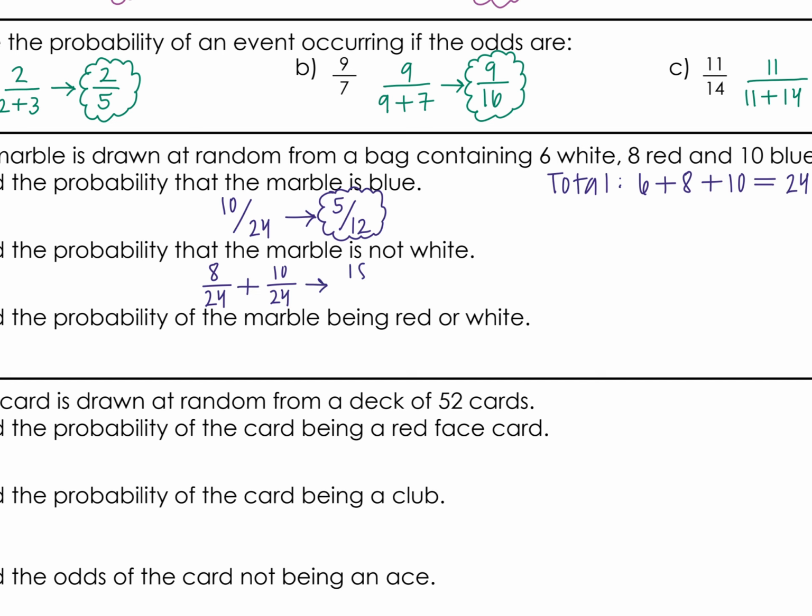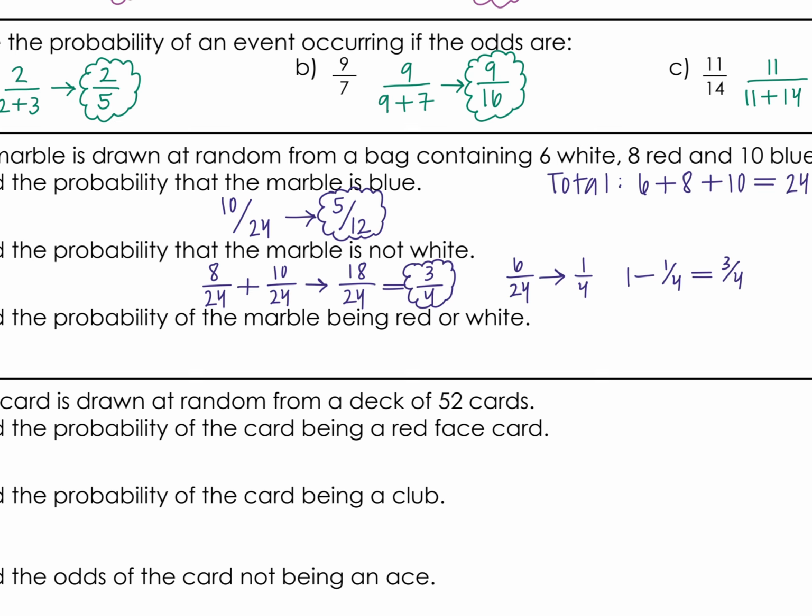And this would give me 18 over 24, which would reduce to 3/4. Another way you could do the same problem is, as I mentioned earlier, the complement, where we find the probability of it being white, which would be 6 over 24, which is 1/4. And then we could subtract from 1. So 1 minus 1/4 would give me that 3/4 that I ended up with already.